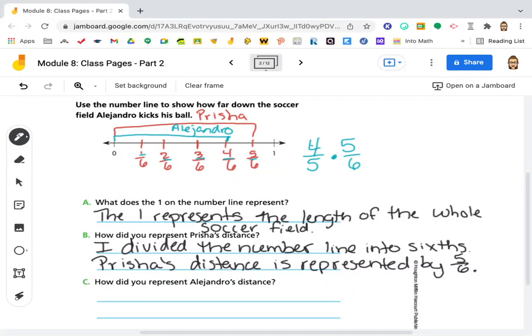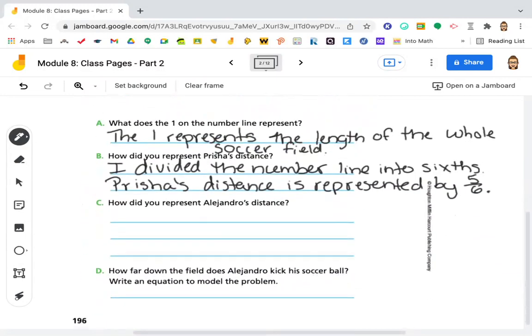How did you represent Alejandro's distance? Well, there are 5/6 from 0 to 5/6.